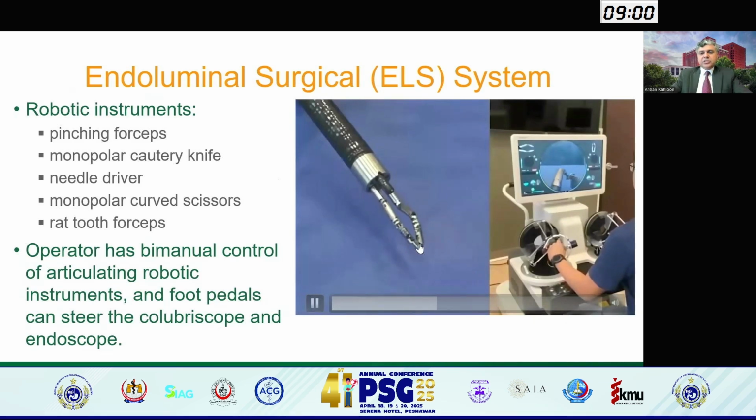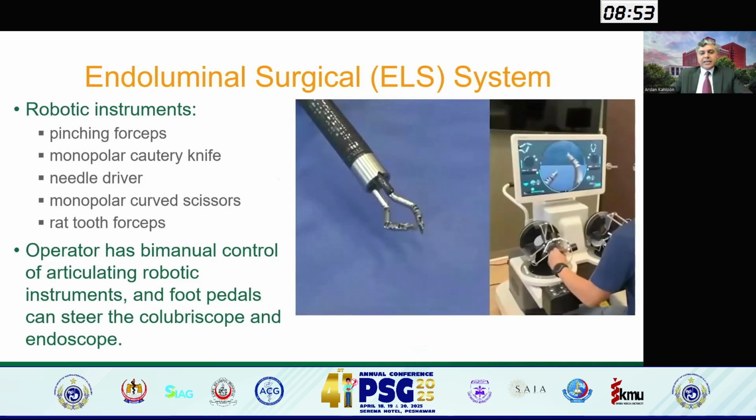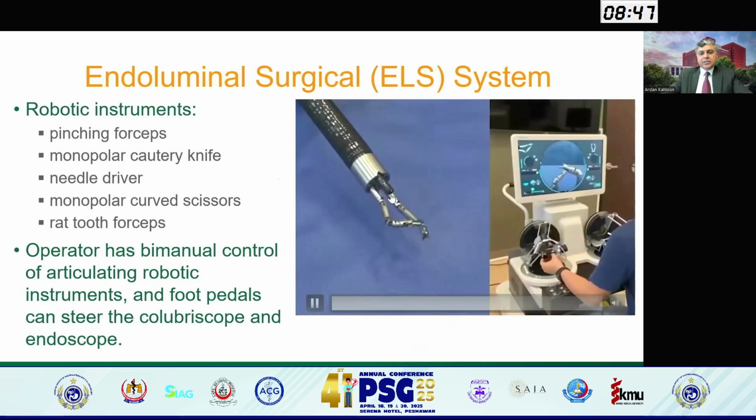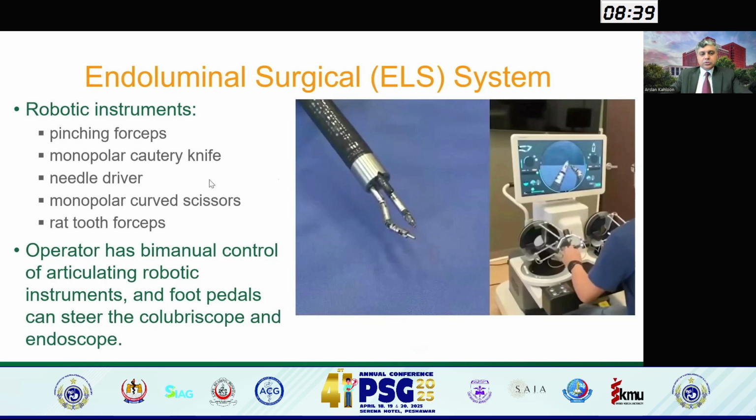And the actual procedures are being performed through this device, which is a slightly larger sized endoscope called a calibroscope, and it has multiple different added ports compared to a regular endoscope. It can still fit in a regular endoscope, but it would have extra ports to bring in some extra needed devices, which could be forceps, cautery knives, different kinds of needles, scissors, or rat tooth forceps.